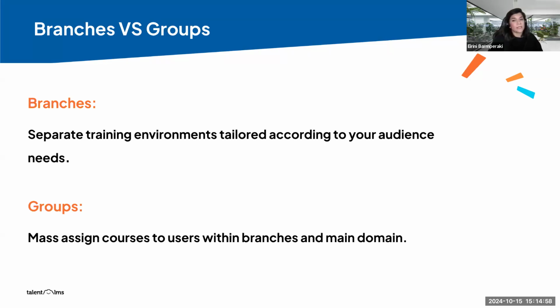While with groups, we can save time on course enrollments and organize the users or the courses within those environments. In TalentLMS, we understand that the learner's experience plays a big part in success. Distributing the right courses to the right users is very important, and branches and groups are designed just for that.